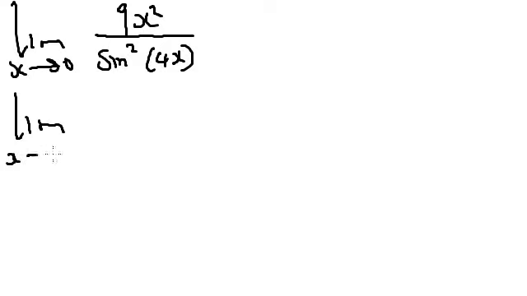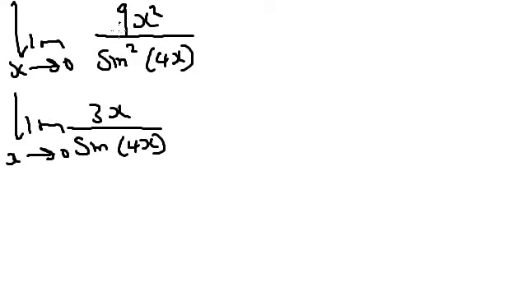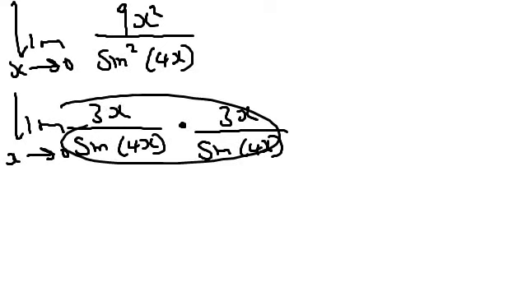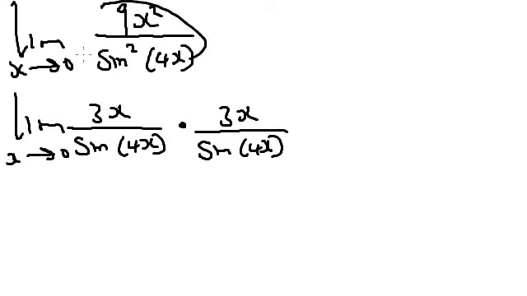The limit as x approaches 0 implies 3x, which is the root of 9x squared, divided by sine 4x, which is the root of sine squared 4x. Then multiply by 3x again, divided by sine 4x.